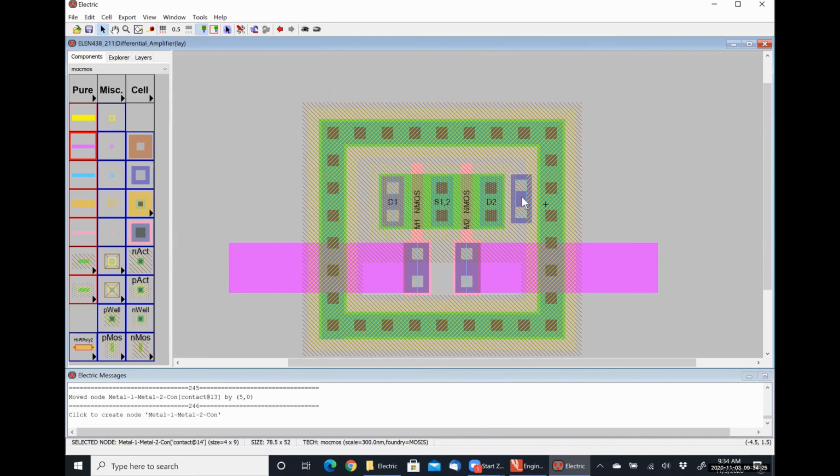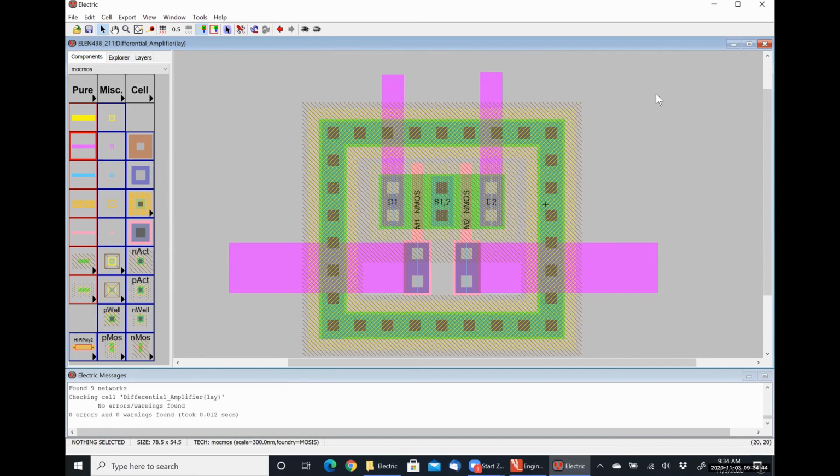Oops, I need to connect them first and then do it. And so that should let me go over this. And no error still. Great.